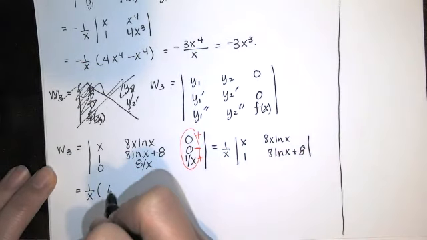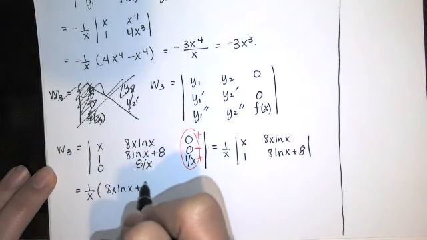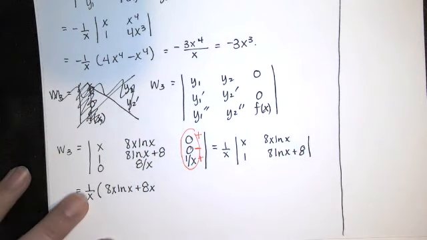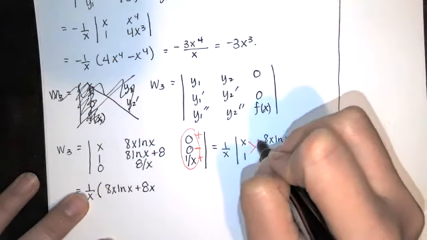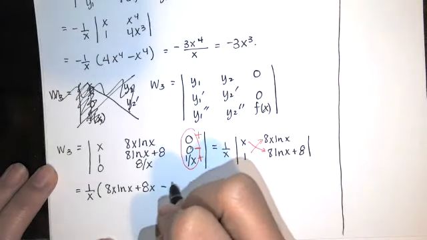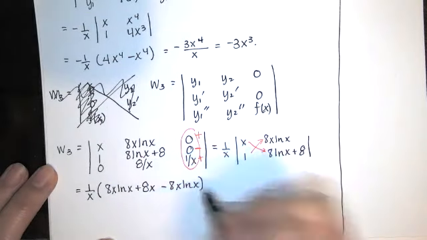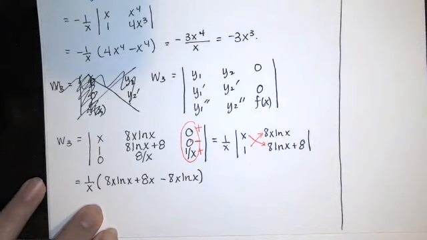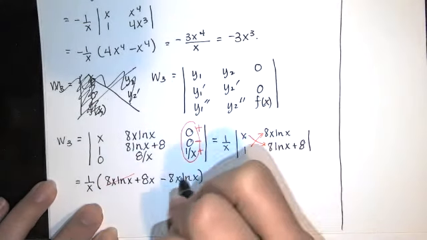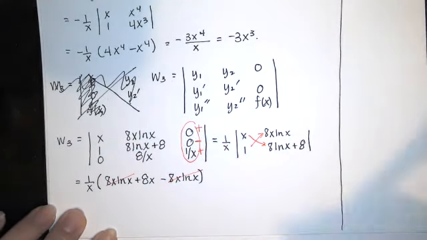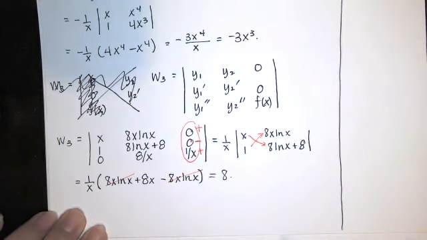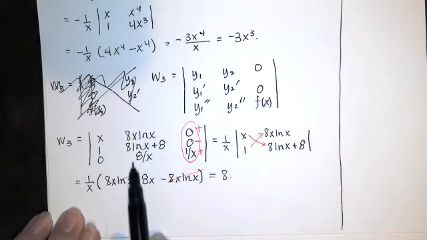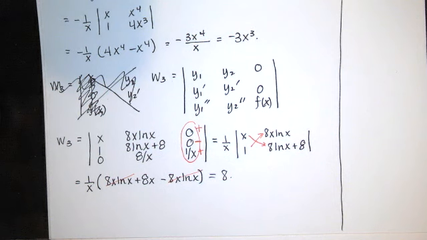This times this. Distribute the x to both terms. Then we're subtracting that times that. That's nice. These guys reduce. We have 8x divided by x, which is just 8. And that's 8 times larger because of that extra factor of 8 in that middle column. So W3 would have been a 1 without the extra factor of 8.